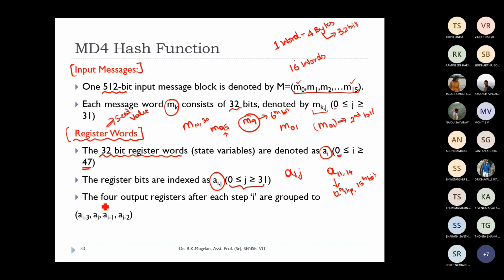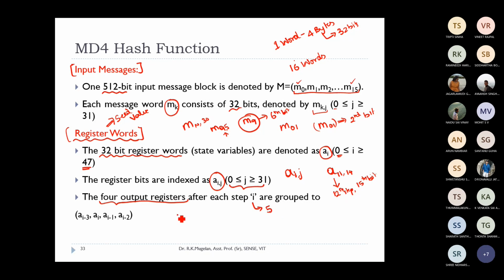Now 4 output registers will be taken as the output of each and every step. After completion of each step, I'll be grouping 4 register words. How? For understanding, I'm going with the fifth step. I is 5.